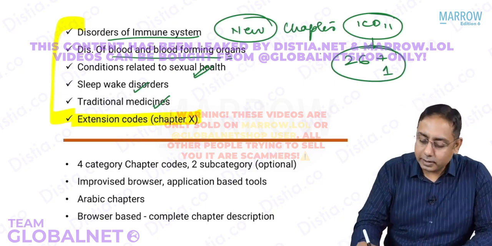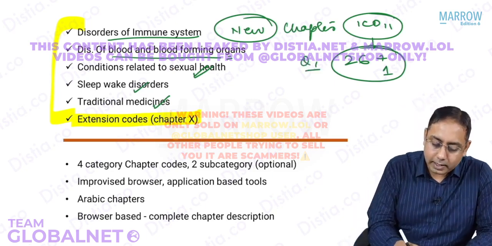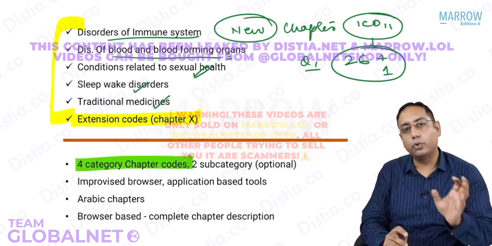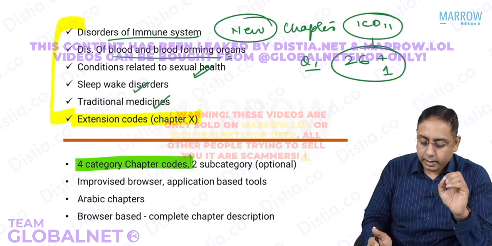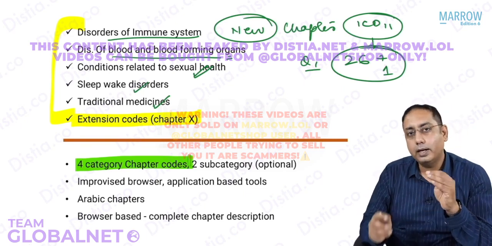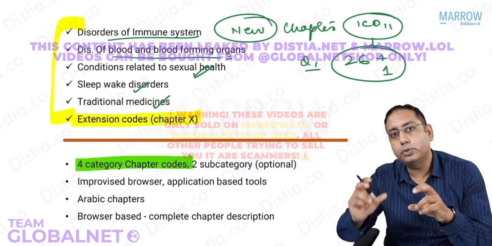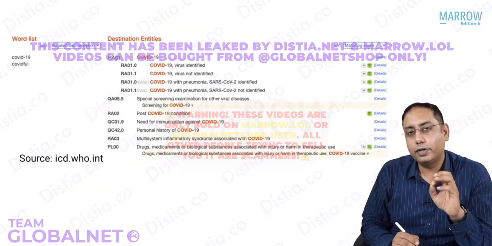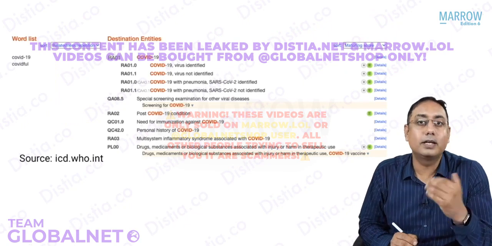Apart from this, another point for you to remember is that in the ICD-11 classification, there is now a 4 character code. It is a 4 character code and each character will have a 2 subcategory code. What do I mean by this? Can you see over here, if we talk about COVID-19, how is it classified?